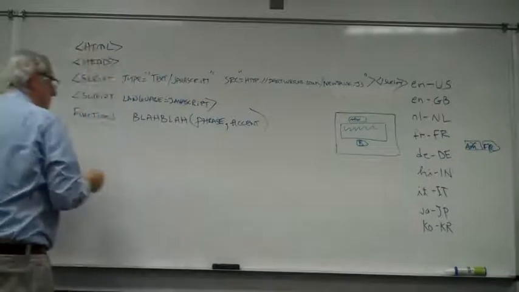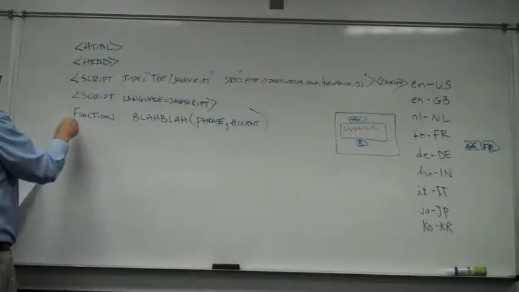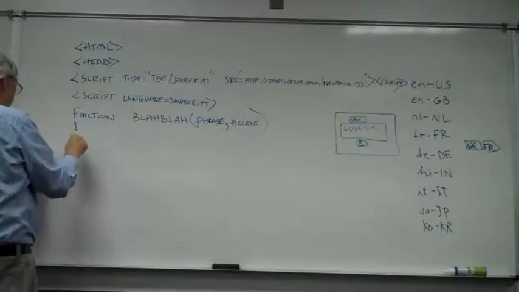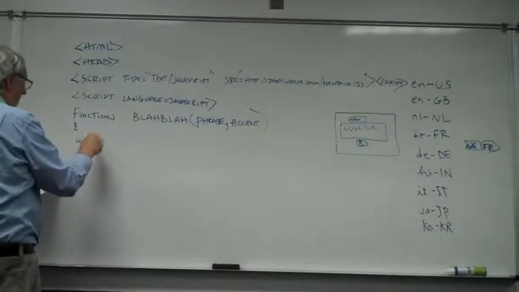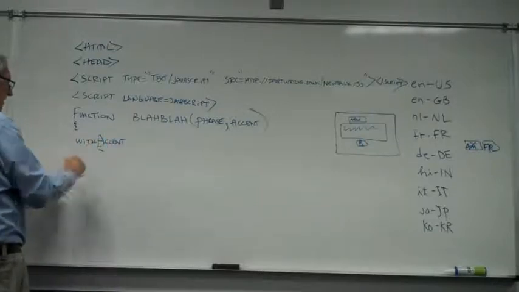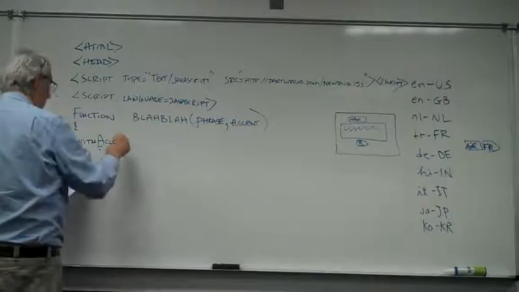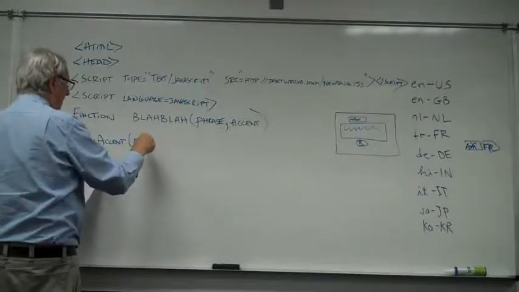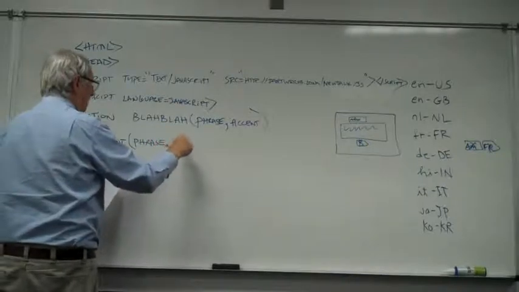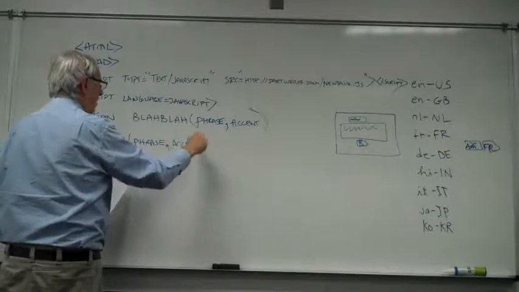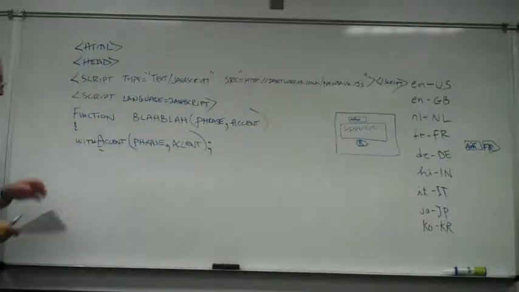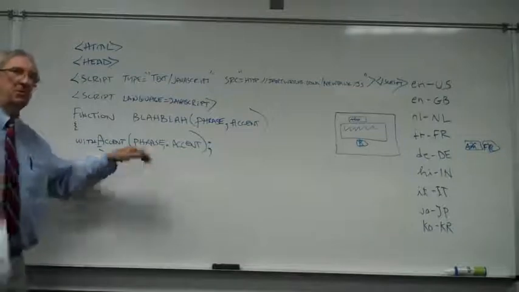Okay. So now, next thing, I want to say with accent. Don't forget, that right there is capitalized, the other ones are all lowercase. Phrase, comma, accent. Now, in the previous program, the phrase actually was in quote marks.